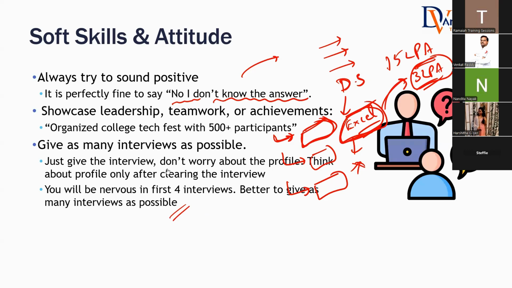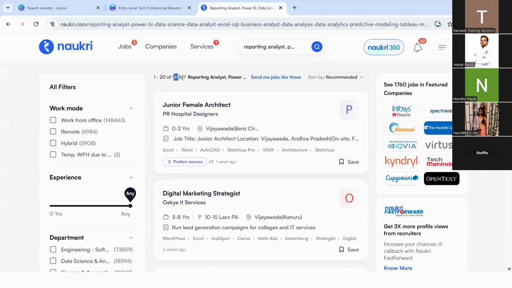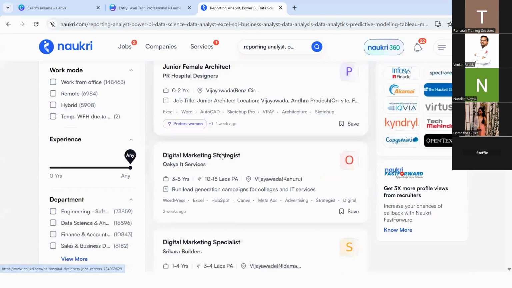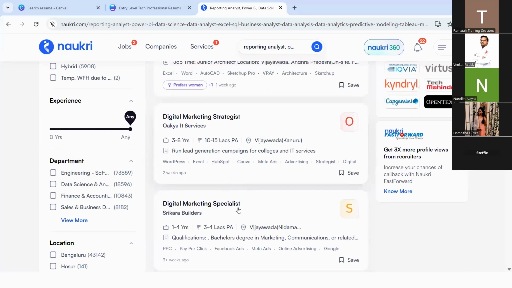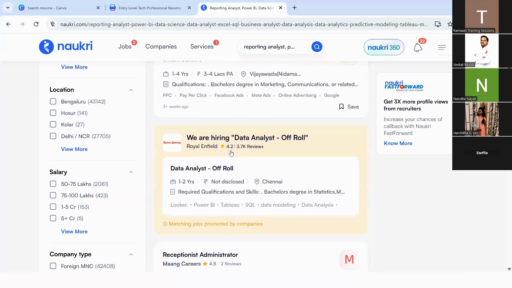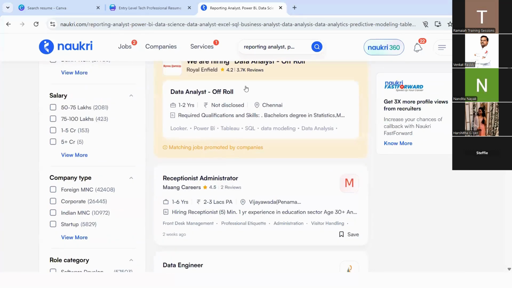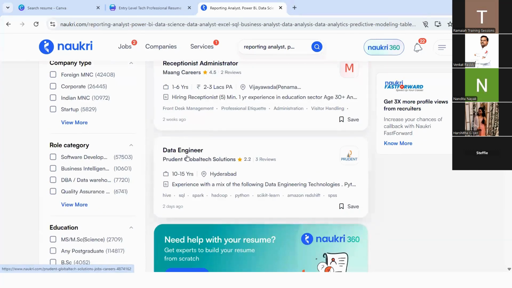As I have shown you, there are 1,61,000 jobs: junior female architect, digital marketing strategist. Even though you're not eligible for it, you go ahead. Let's say 10 to 15 lakhs per annum. Even if they say that you're not really eligible for this, your profile doesn't suit, you say that I can try it. Okay. Data analyst, reception administrator, data engineer.